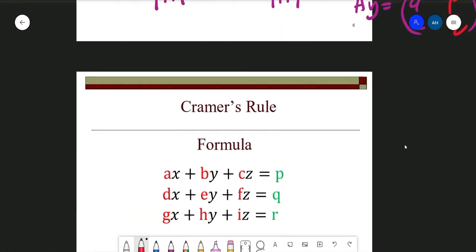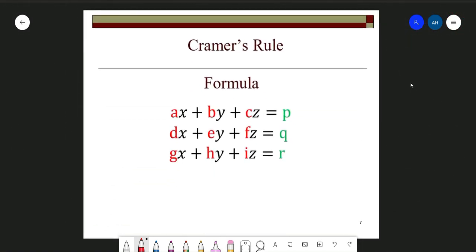But sometimes we have a bigger system. That is when we have like this one, where we have three equations. We have equation number 1, equation number 2, and equation number 3. Not only that, we also have more variables this time.